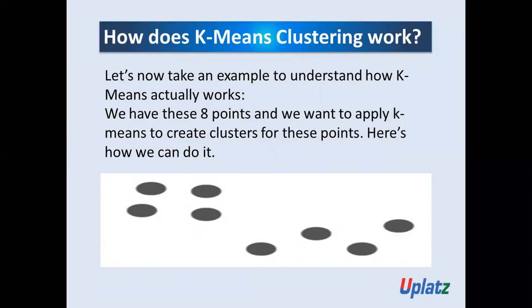So let's start the example. We are going to understand how k-means actually works with the help of an example. Let's suppose we have these 8 points, and we want to apply k-means clustering to create clusters for these points.